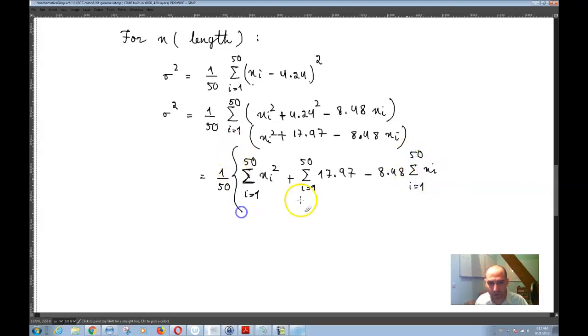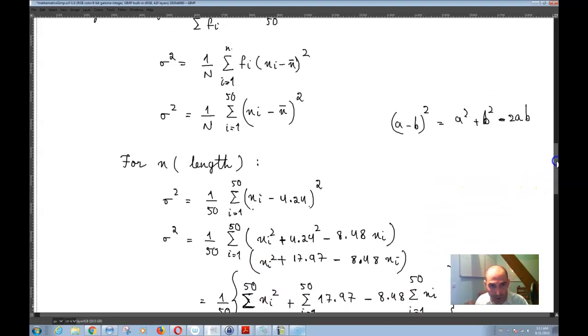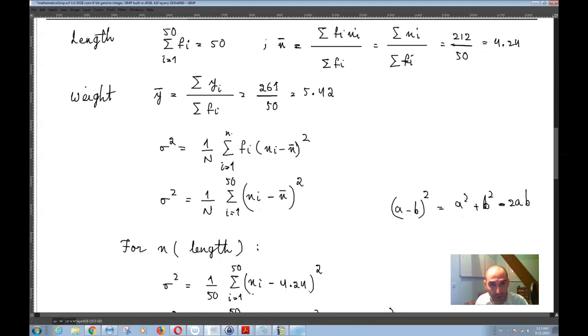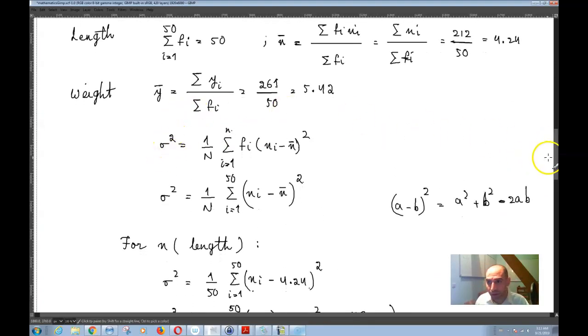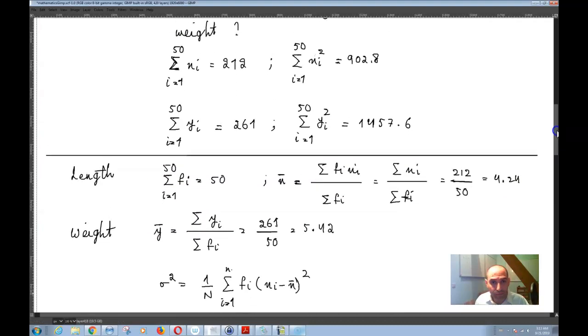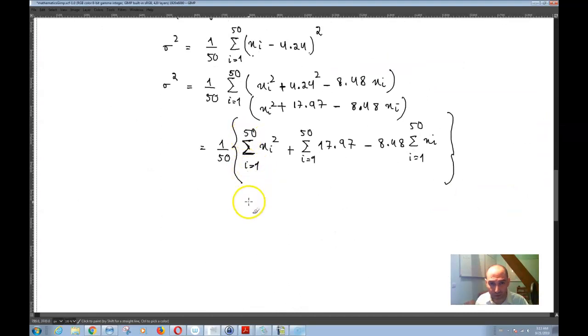And 1 over 50 is multiplied by this whole thing. Now I know that sigma x of I squared as I goes from 1 to 50 is equal to 902.8. So over here I can write 902.8. But then over here, sigma of 17.97, it's the same thing as what we just discussed.